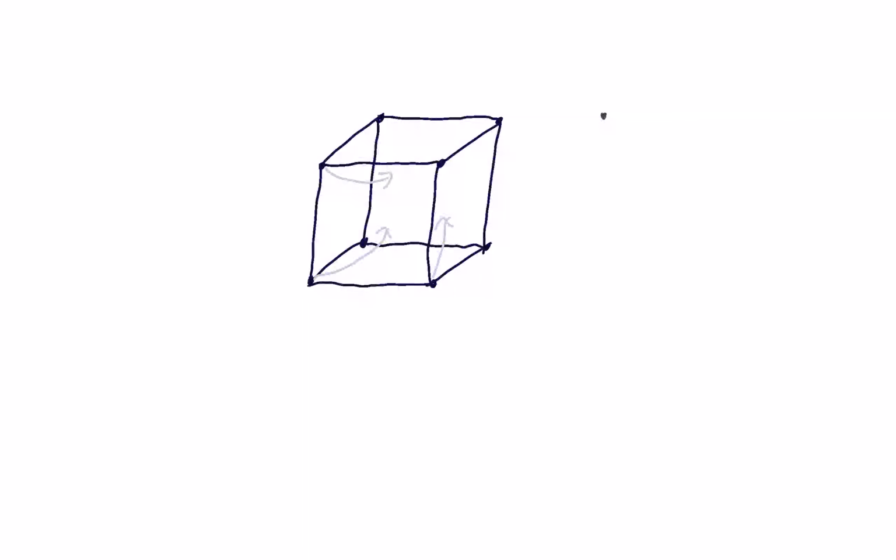So let's see, we would still have this vertex here, and that one there, and that one there. Now this one would be in here. This one would be in there. This one still is where it is. Let's see, this one is still here, but this one is in there.